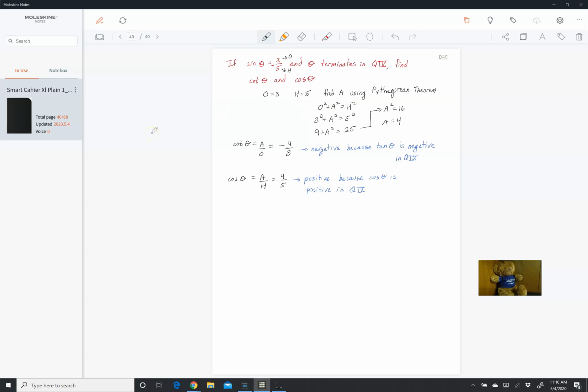Let's say the cosine of theta is equal to negative 5 over 10 and tangent of theta is greater than 0.